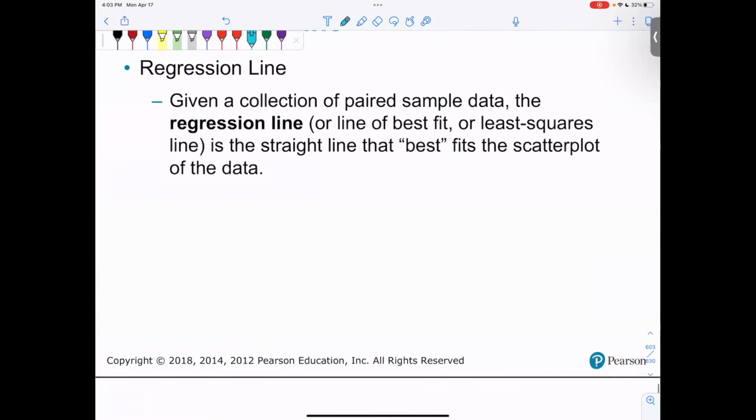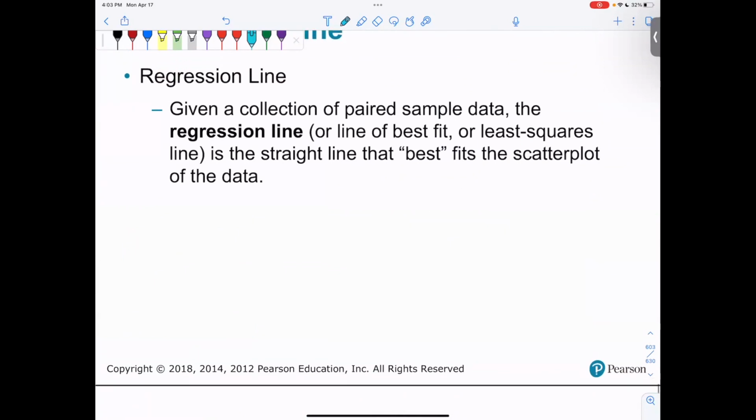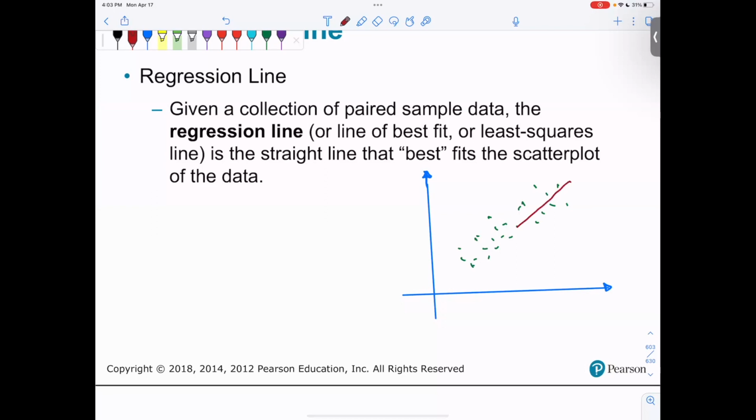So what we will try to do is find the best line that will fit the data we have. The first step when we study the correlation or regression between two variables is to find the relationship, right? But in this case, we will try to find the best fit, the best straight line that will fit this data set.